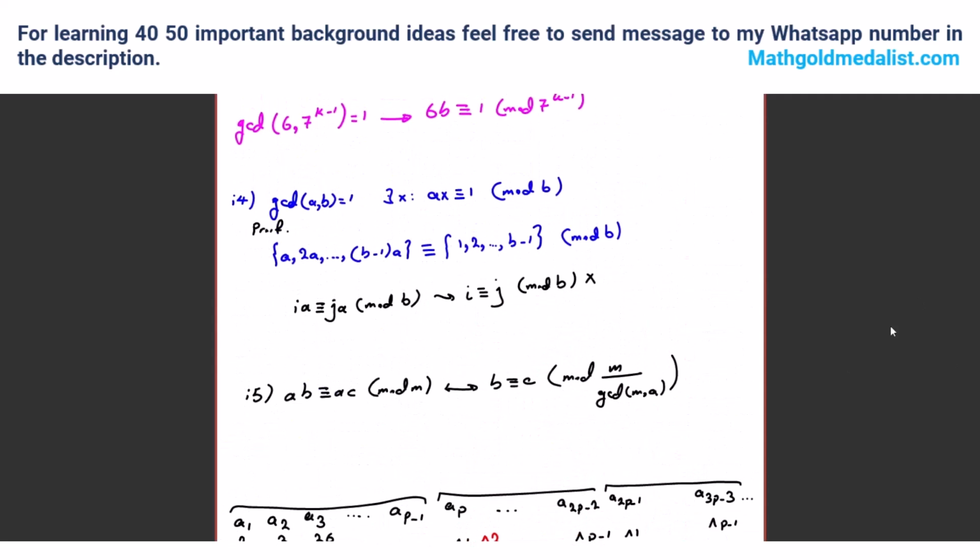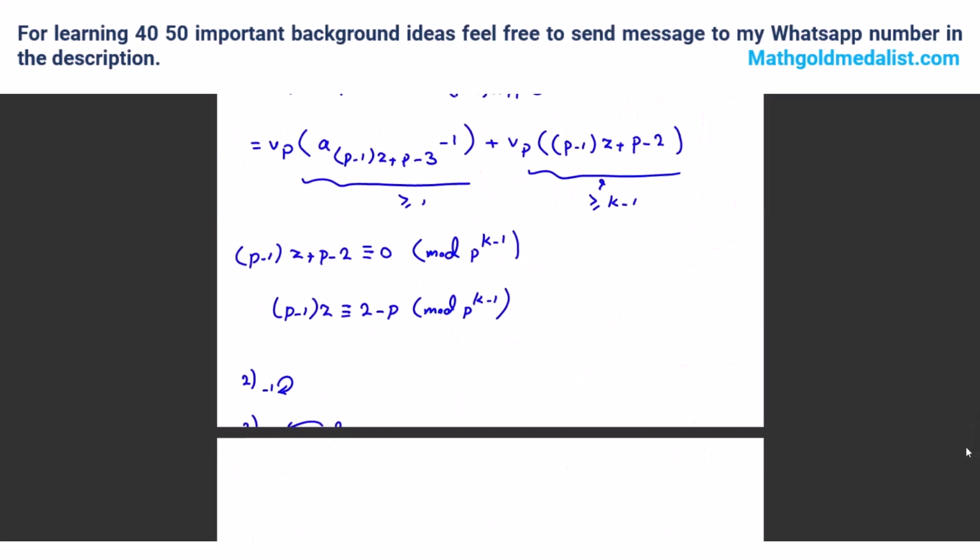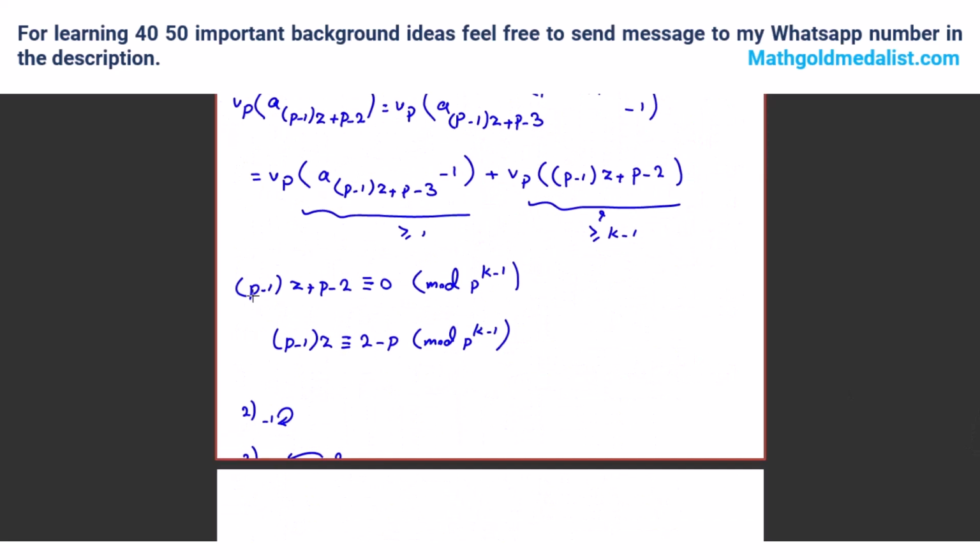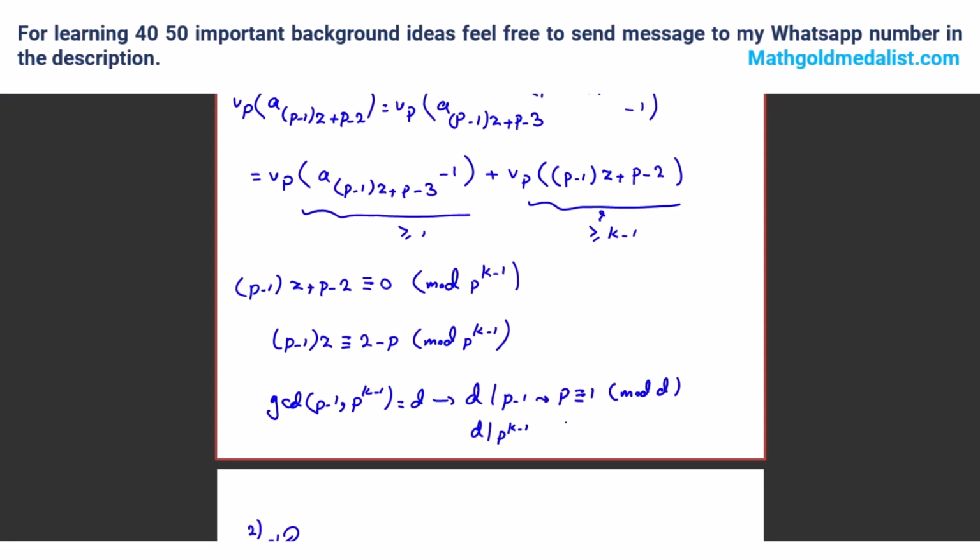Let me tell you why the GCD is 1. If you consider the GCD of p minus 1 and p to the k minus 1, call it d, then we know d divides p minus 1, and d divides p to the k minus 1. From here we can say p is 1 mod d, and from here p to the k minus 1 is 0 mod d.